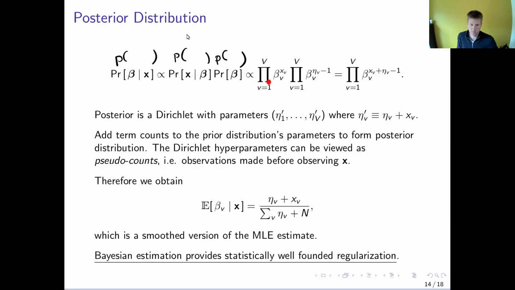Right? So it's the product over all the possible terms, taking the probability of each term and exponentiating by its frequency in my documents. And then I'm going to multiply that by the prior distribution. And the prior Dirichlet is going to have this functional form.